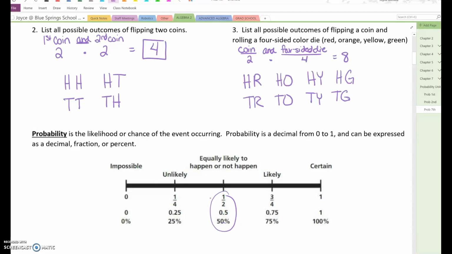So probability is a number between 0 and 1 that can be expressed as a fraction, a decimal, or a percent. A probability of 0 means it's absolutely not going to happen. The probability of me giving you $100 right now is 0. It's not going to happen.